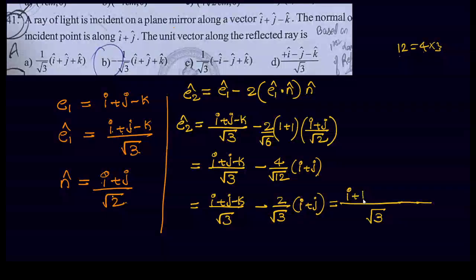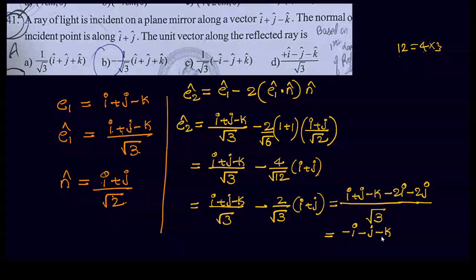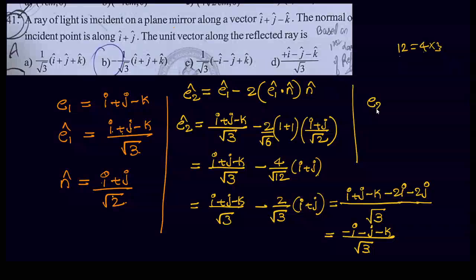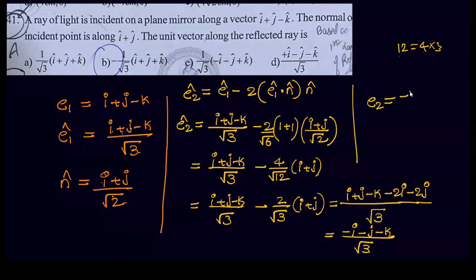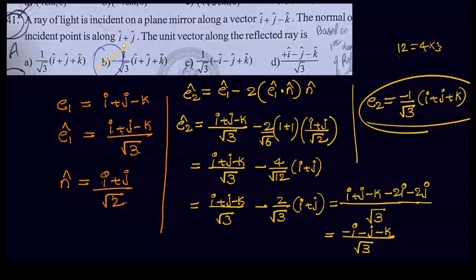This is i plus j minus k minus 2i minus 2j, then it will come to be minus i minus j minus k by root 3. So finally E2 equals minus 1 by root 3 into i plus j plus k. Yes, this one, option B.